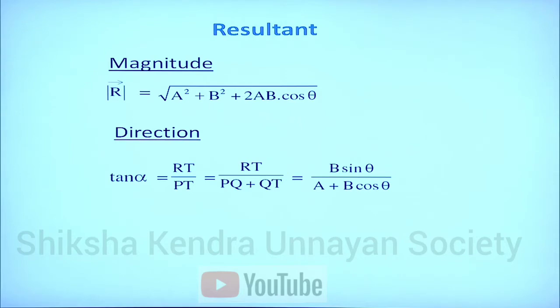Now, you can calculate the resultant vector whose magnitude is R equal to root over A square plus B square plus 2AB cos theta, and whose direction is tan alpha, which is equal to RT by PT, as you can see from your previous figure, and that is equal to RT divided by PQ plus QT, where RT equal to B sin theta, PQ equal to A, and QT equal to B cos theta. So, you can find out the magnitude and direction of the resultant vector using these formulas.